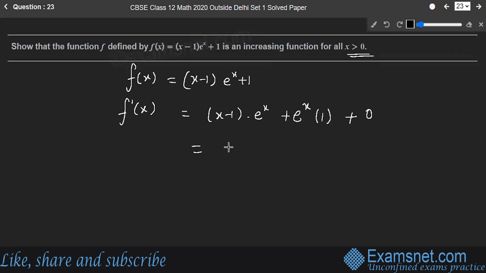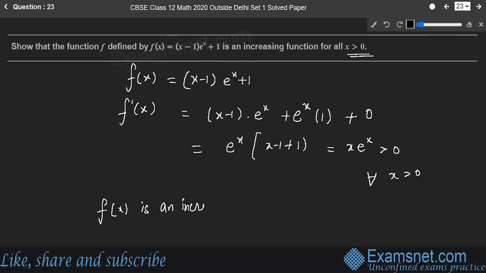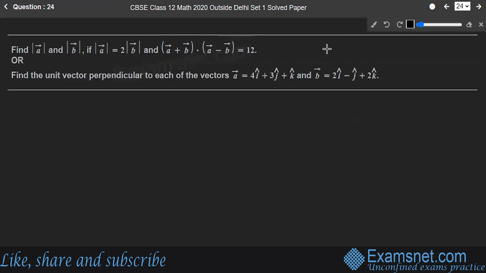So this becomes e raised to power x, I'll take common, x minus 1 plus 1. This is equal to x into e raised to power x, which is greater than 0 for all x greater than 0. Therefore, f dash x is positive, so f(x) is an increasing function for all x greater than 0. Hope you understood that.